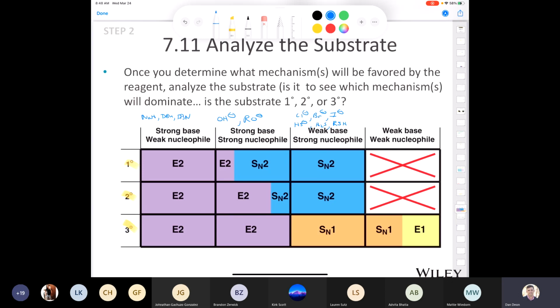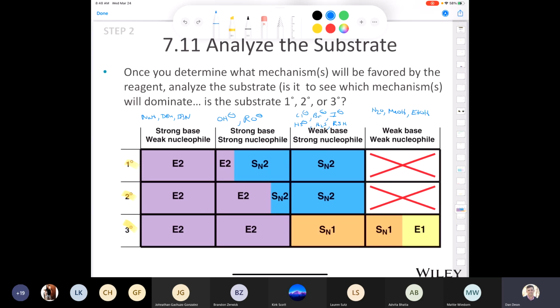However, they will do substitution reactions. And then finally, if you have a weak base, weak nucleophile, so those are again things like water or an alcohol like methanol or ethanol, there's only one possibility. You've got to have a tertiary substrate, and you're only going to get SN1 and E1 products, and the E1 is going to be the dominant product.